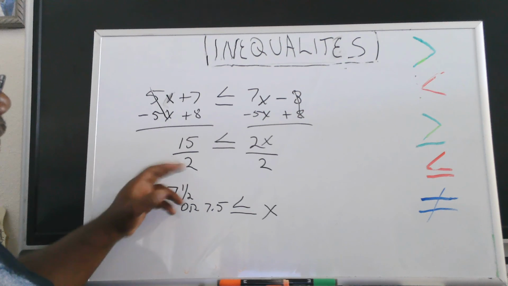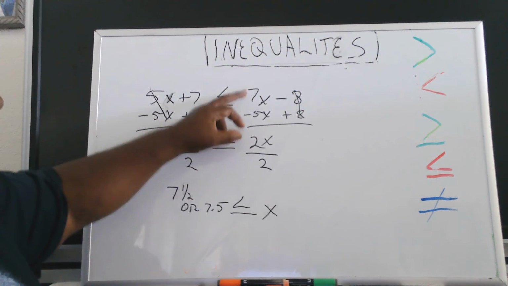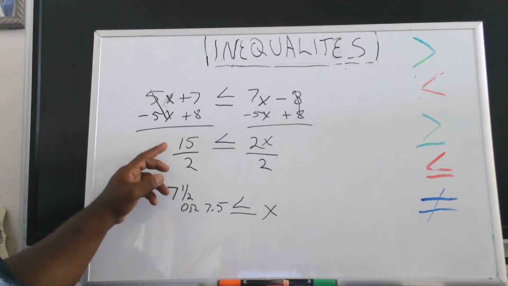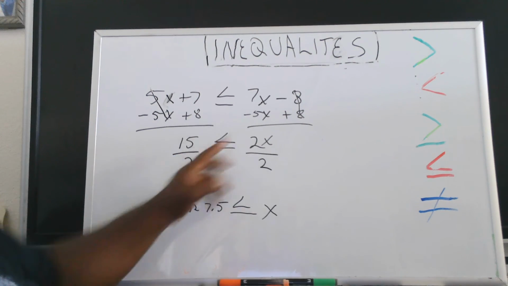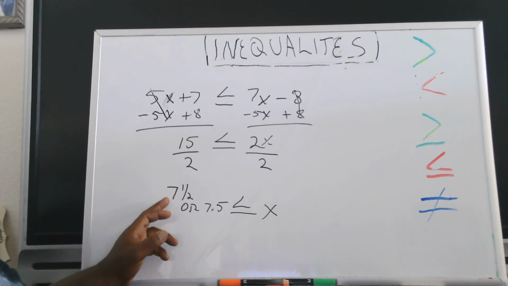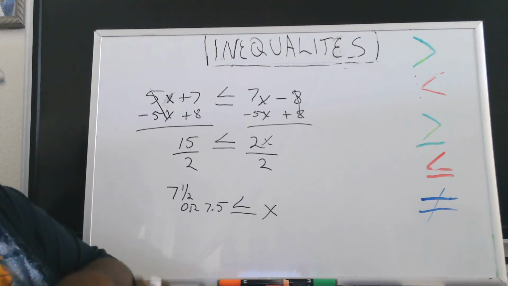See how this works? You get rid of the like terms, right? You subtract here, you add here, you add here. So 15 is less than or equal to 2x, divided by 2, because we want to get this by itself. However you write this, 7.5 is less than or equal to x.